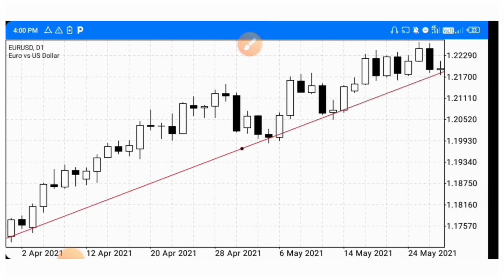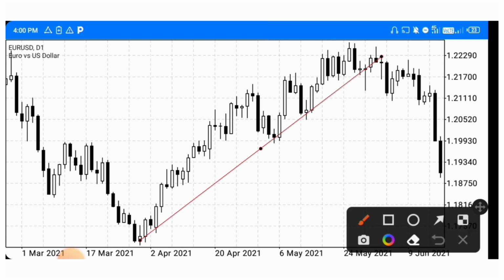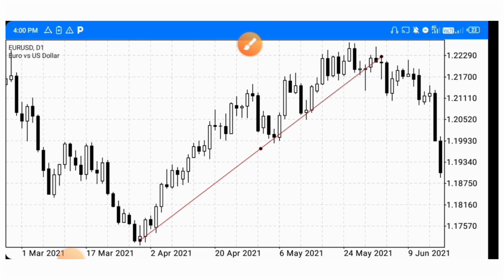This is an uptrend on your daily time frame, so in your lower time frame you're going to see your trend line here and pick multiple trades. Whenever the market comes down, you buy, and whenever the market touches your trend line on the daily time frame, you know this is another buy opportunity. This is how to trade the trend line.